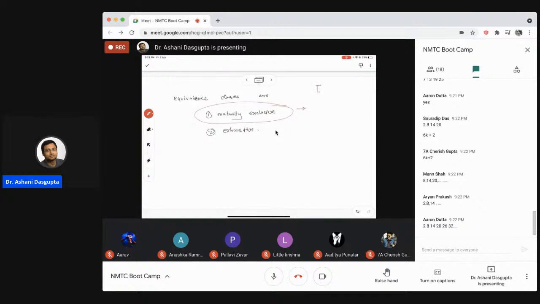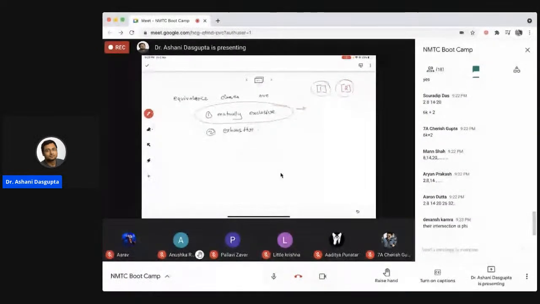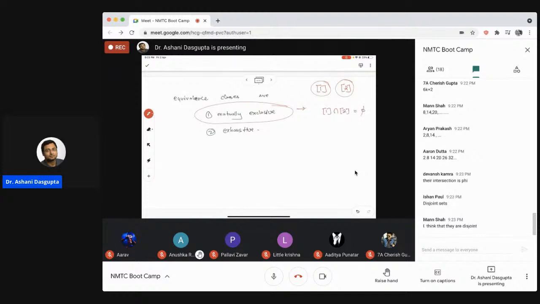So if I say box of 1, the equivalence class of 1, and equivalence class of 2 are mutually exclusive, what do you think is the meaning of that sentence? Devansh is saying that their intersection is phi. So basically, they do not have anything in common.